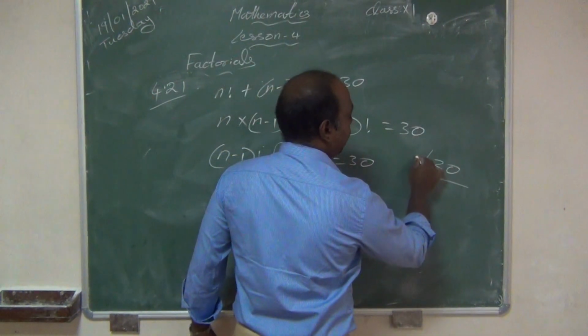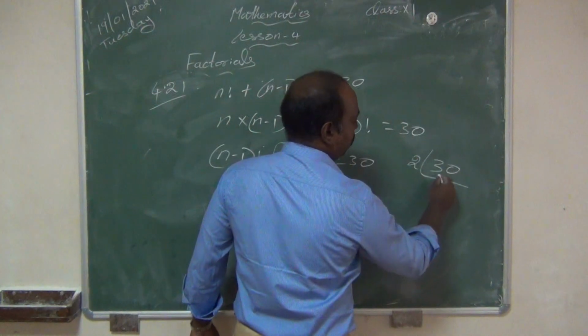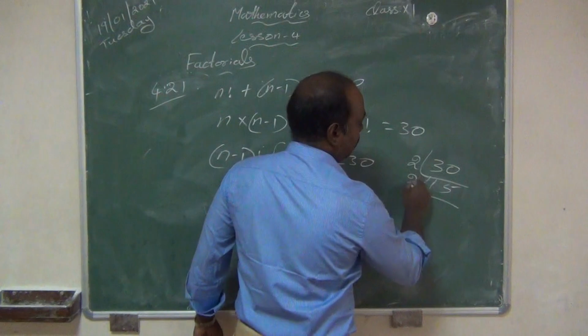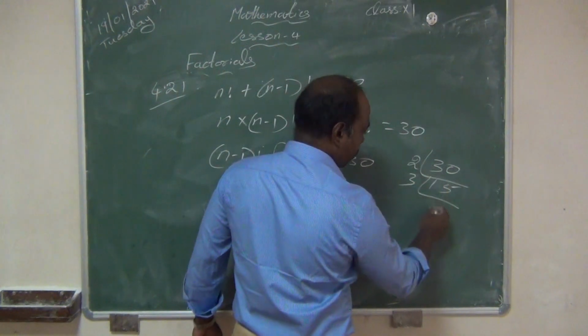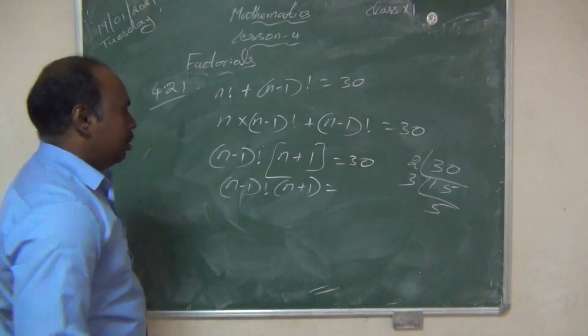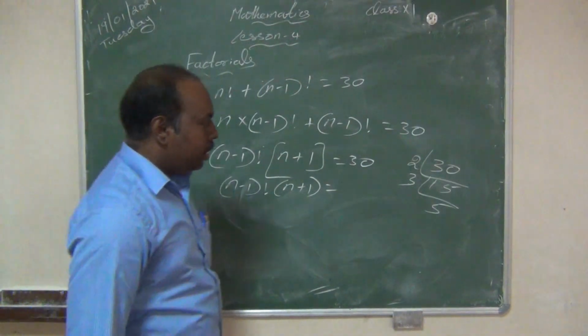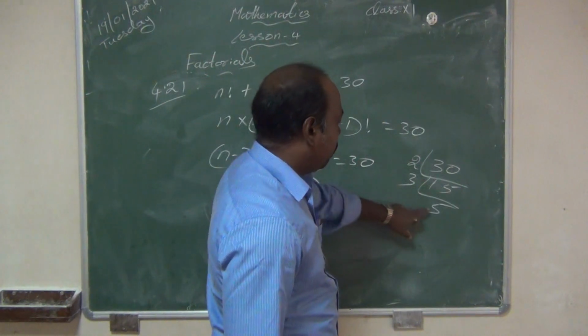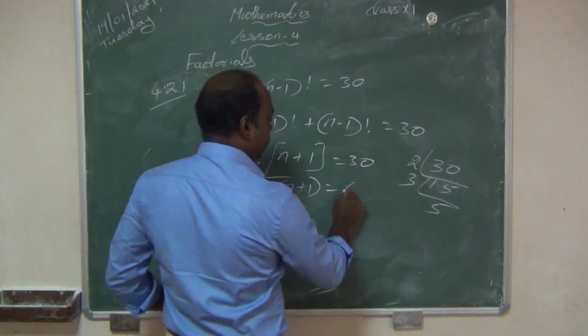Factorize: we will get 2, 15, then 3, 5, am I right? So we can adjust this as 2 into 3 is 6, so 5 into 6 or 6 into 5.